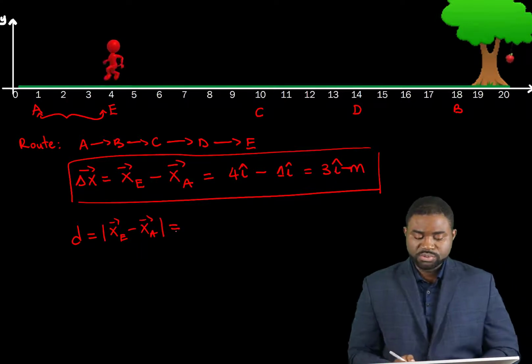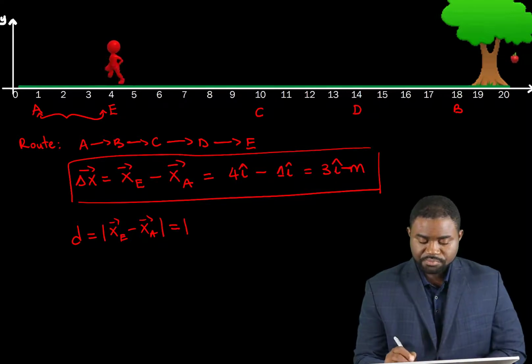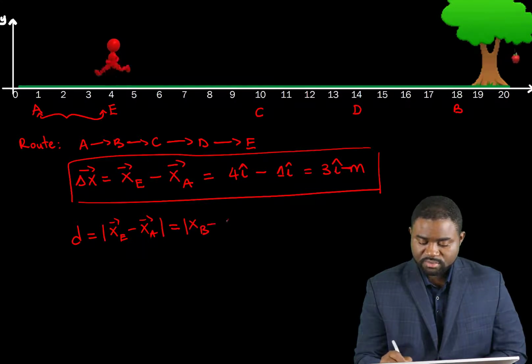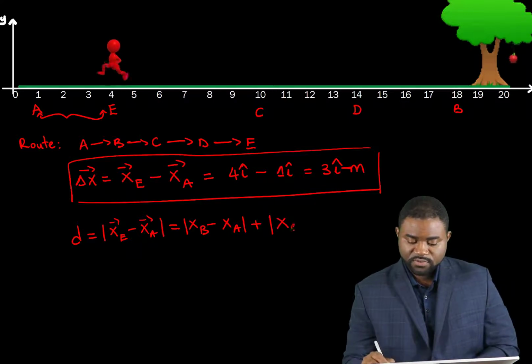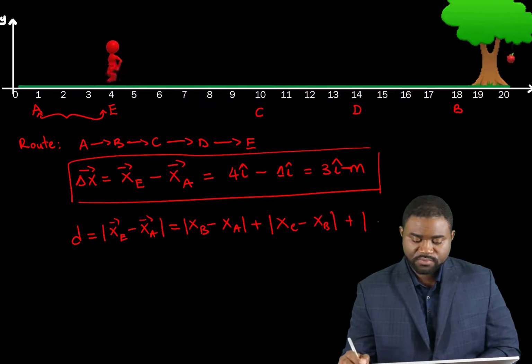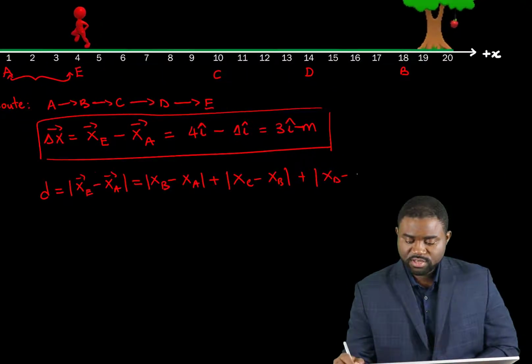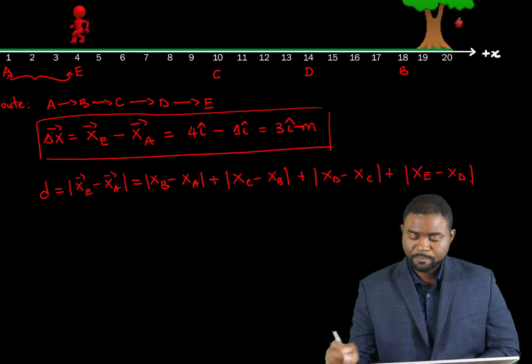This is equal to the magnitude of xb minus xa, plus xc minus xb, plus xd minus xc, plus x of e minus x of d.